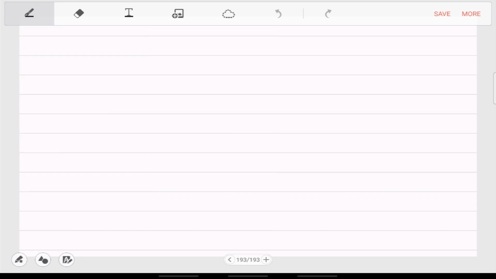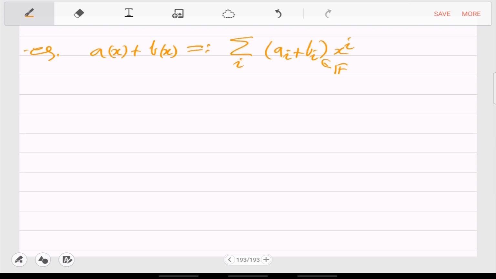So this A(x) plus B(x) is basically just term by term you add for finitely many i's. There are only finitely many terms in a polynomial because you cannot do infinite sum. So this is in F, and this whole thing is in F[x].